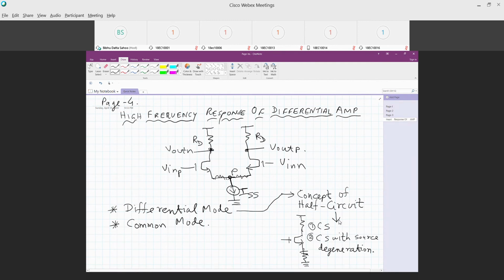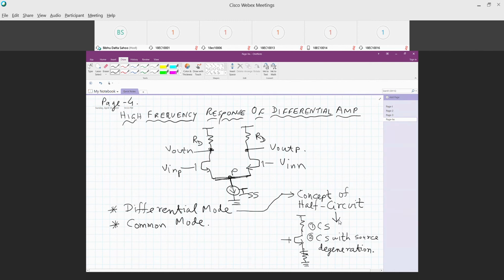Now, in case of common mode, what we say is that if this is an ideal current source, then for the common mode circuit, this is an open circuit over here. So if both the inputs move up and down together, the output is not going to change because the current change would not be allowed.